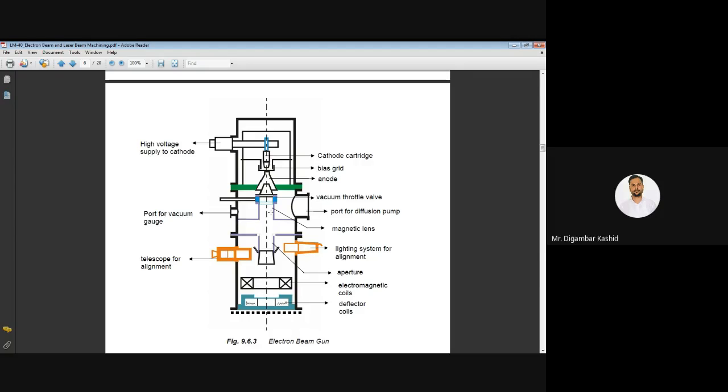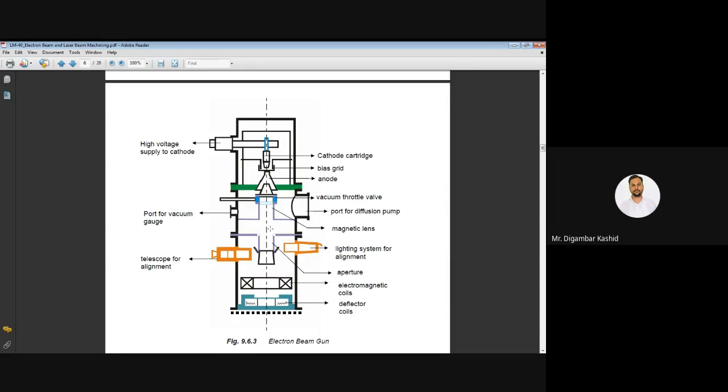For vacuum, it is here. This one is the diaphragm. Then for the gauge, that vacuum throttle valve is there, for vacuum. The port for the diffusion pump is there.